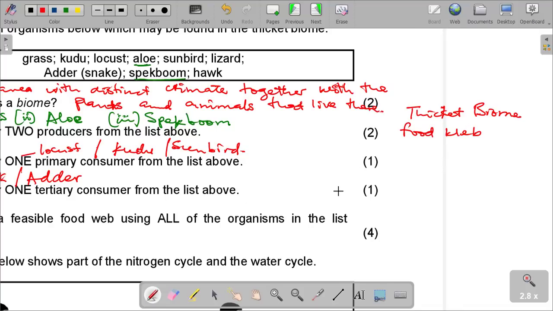And then, using all those, we need to draw. Let me just say, we have an adder, a coot, a spec boom, and grassy. Let me just adjust the space also.